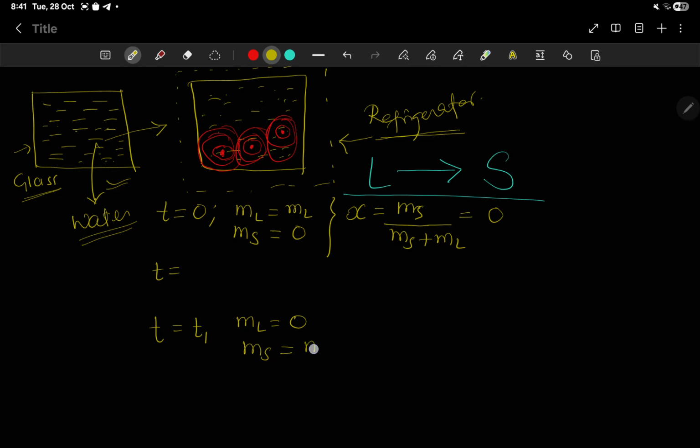This will be ms. Now can you tell me what will be the value of x? This will be ms upon 0 plus ms. This will be 1, right? So what is t1? This is the time required for complete solidification.